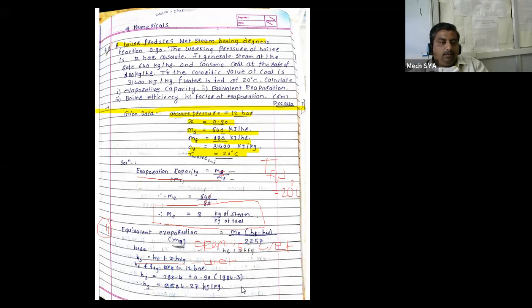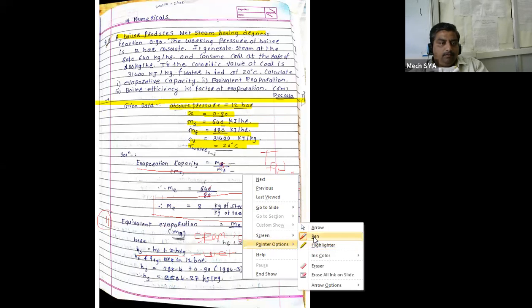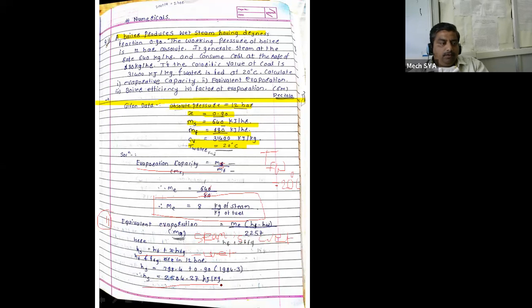Therefore, HS is coming as 2584.27. So 2584.27 is the value of HS.